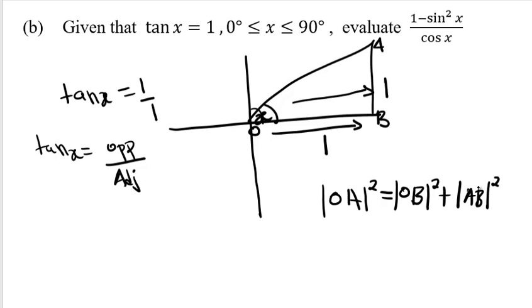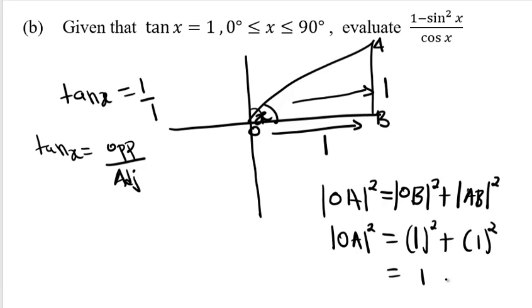The square of the hypotenuse is equal to the sum of squares of the other two sides. So in this case, we want the length of OA. So we are going to have OA squared being equal to OB, which was 1, so 1 squared, plus AB, which is also 1, therefore 1 squared.